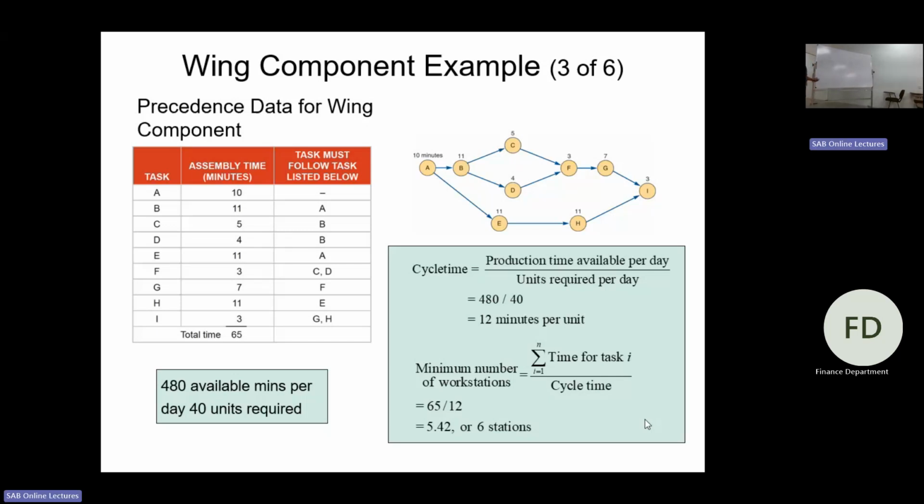Quickly understand it, I hope that is clear. In workstation 2, how many minutes do we have again? Again 12 minutes. Now we have to think in a technical, sequential manner, which tasks are feasible. We already identified that after A, B becomes feasible.